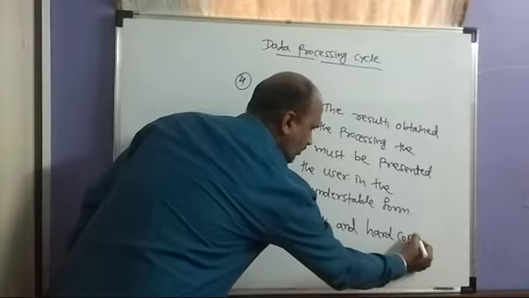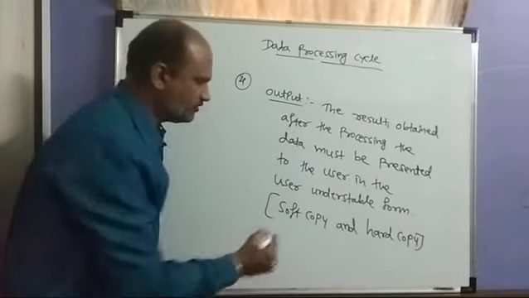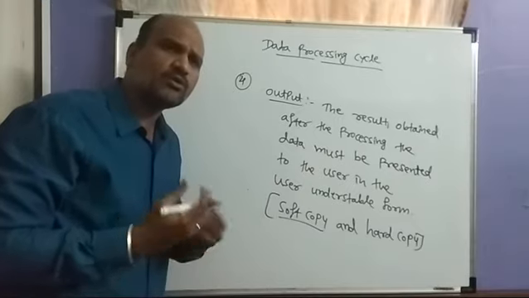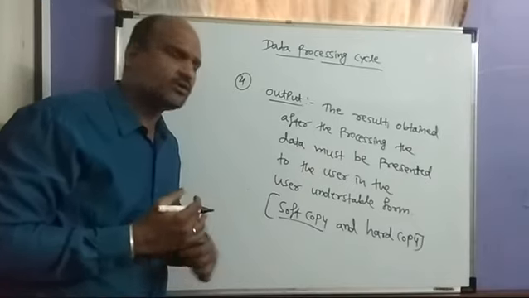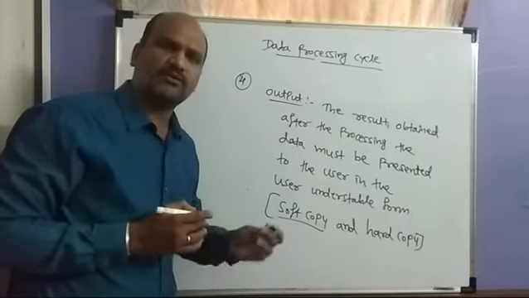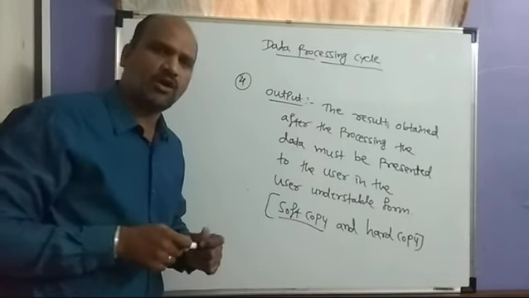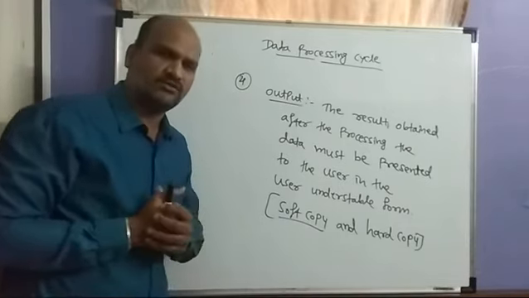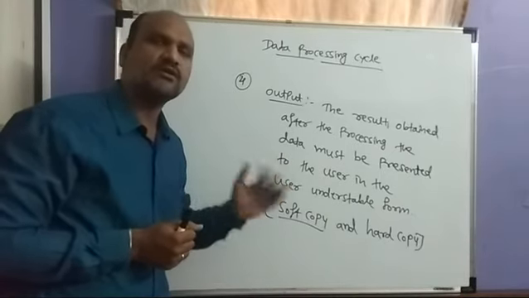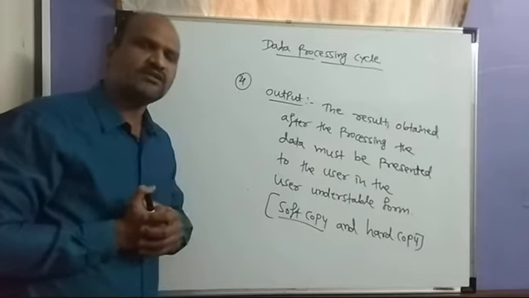If you want to see the output as a soft copy, you can see it in the system. If you want to take a printout, that will be a hard copy, from the printer, and you can see it on paper. So that is the output which can be obtained after processing the data.